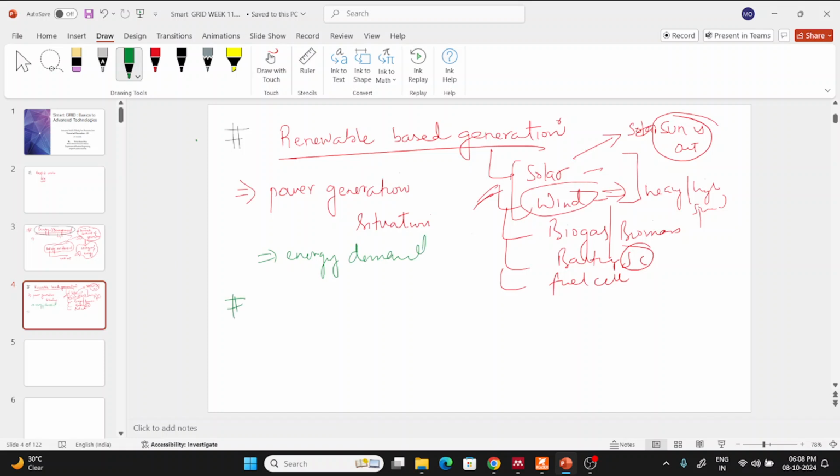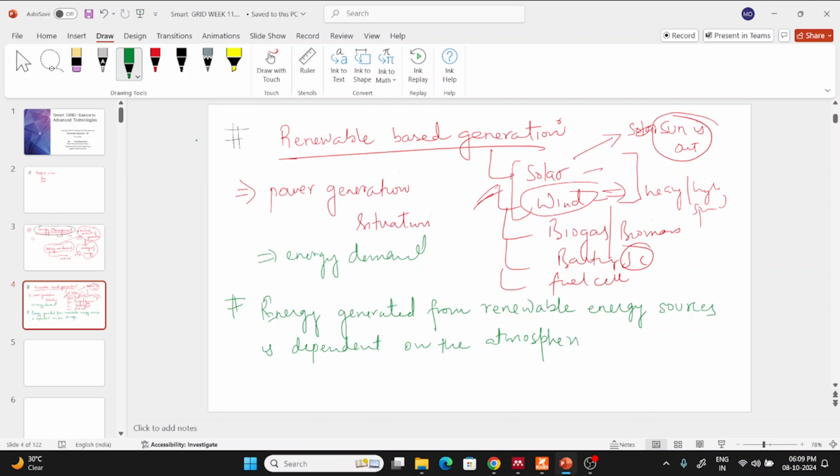So I will write it down here. Energy generated from renewable energy sources is dependent on atmospheric conditions.